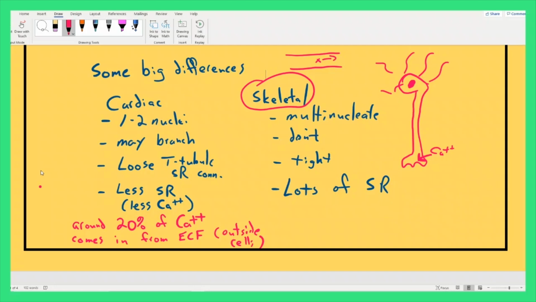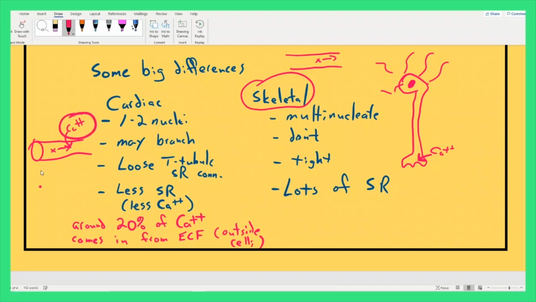In cardiac muscle fibers, most of the calcium, 80%, comes from the sarcoplasmic reticulum out into the cell, but a significant amount, 20%, comes in from the outside.